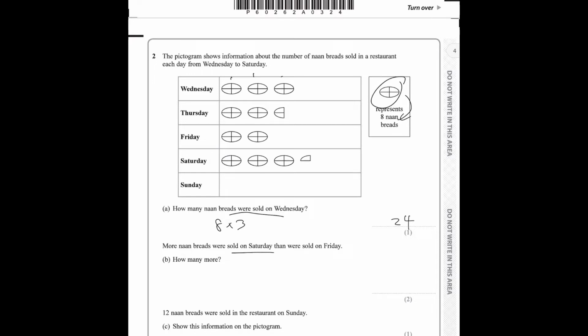How many more naan breads were sold on a Saturday than on a Friday? Okay, how many were sold on a Saturday? Since the symbol is split into 4 parts, 8 divided by 4 is 2. So this small section, a quarter, is equal to 2. On Saturday, we have 1, 2, 3 symbols being sold, in addition to a bit of 2 as well.